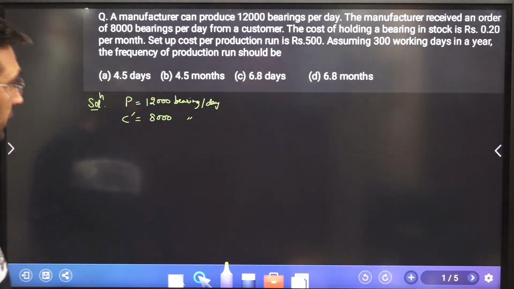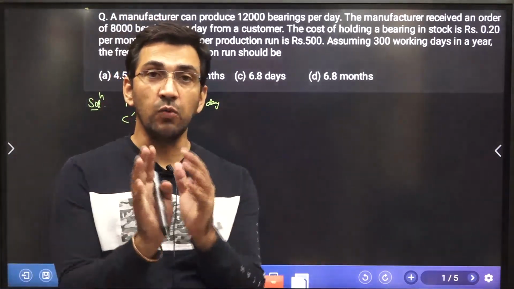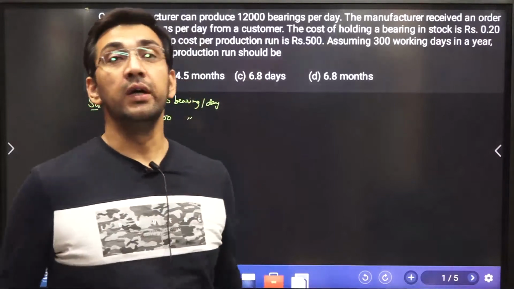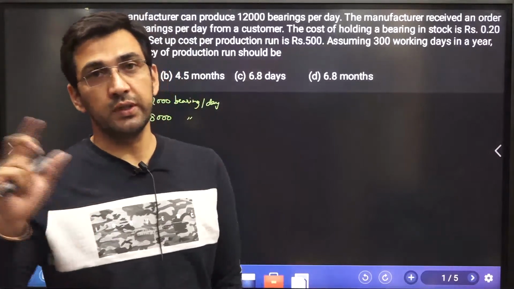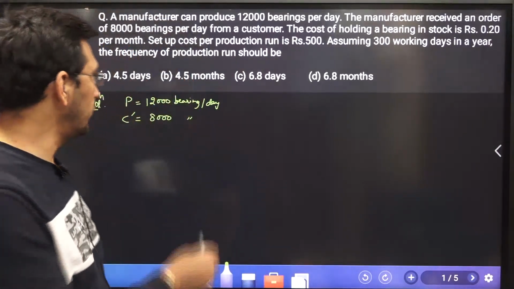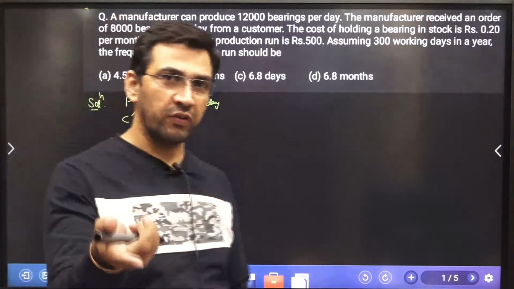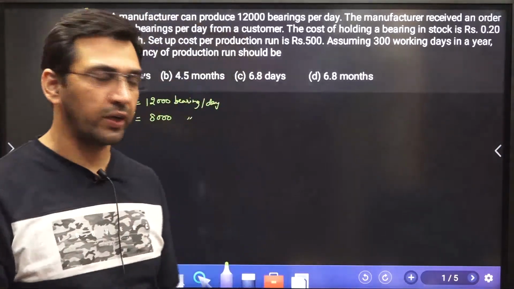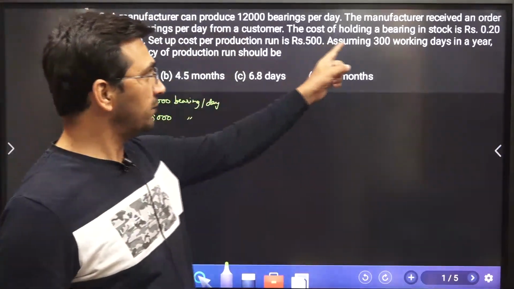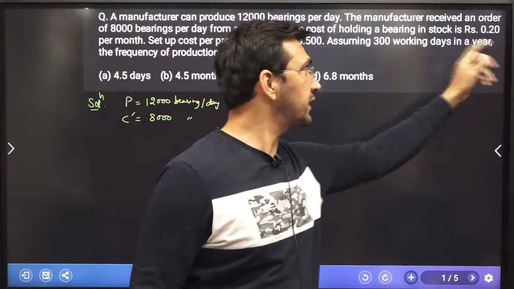From the consumption rate, I can also find out the annual demand, that is, how many bearings are getting consumed in a year. If you know the consumption rate per day and multiply by the number of days, the job is done. He has also mentioned very clearly that you have to take 300 working days.